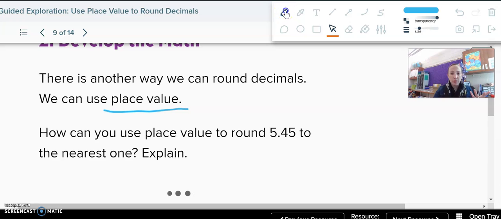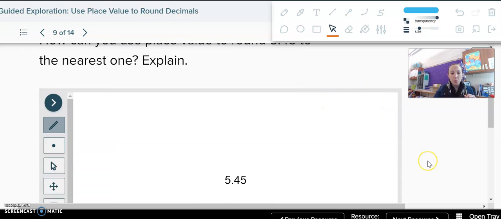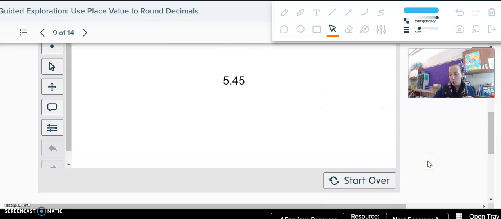So if we use place value, get rid of my line. If I was going to use place value, let me just go through the steps. So A, underline the place we're rounding to. So if we're rounding to the ones place, I think it helps to underline that. Then for B, it says look. We need to look.